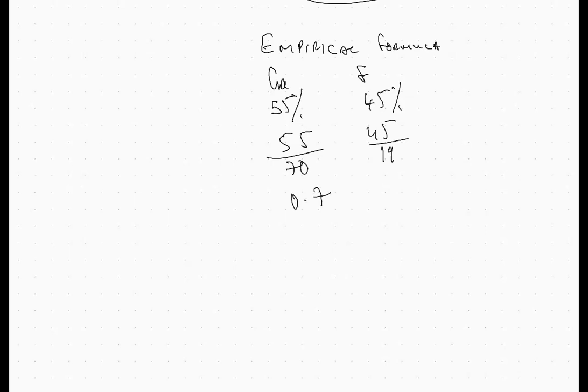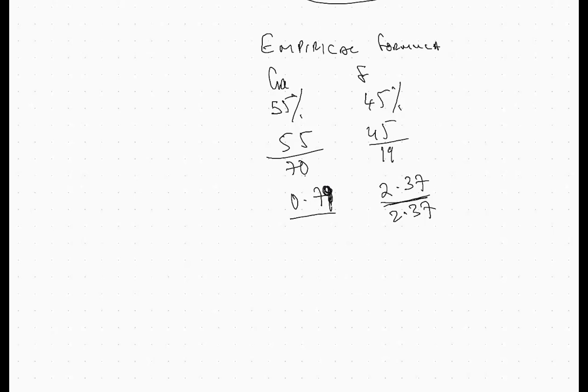And here I get 45 divided by 19, 2.37. So then after that, divide each by the smallest number. The smallest number is 0.79. Moles is mass divided by the molar mass.